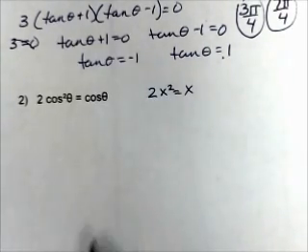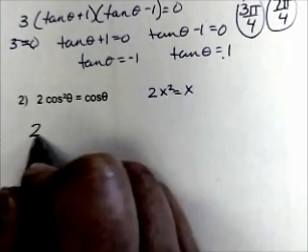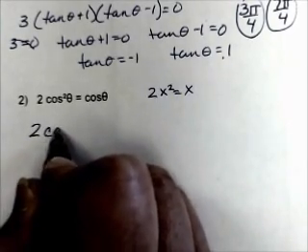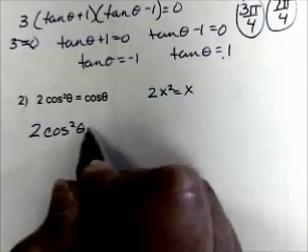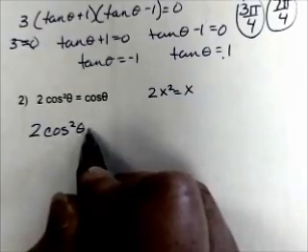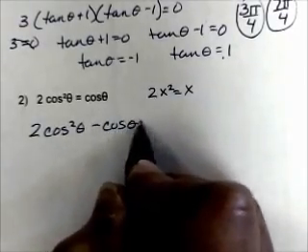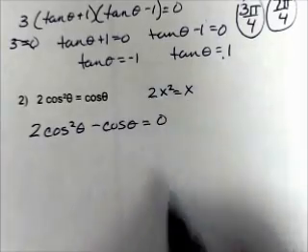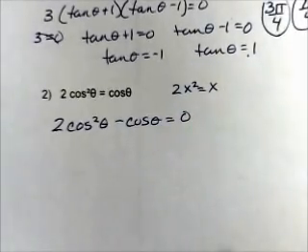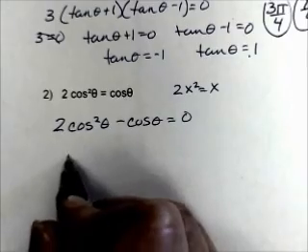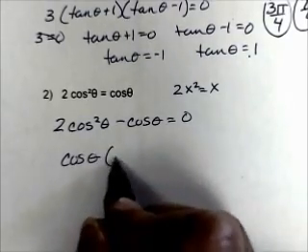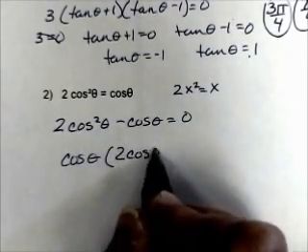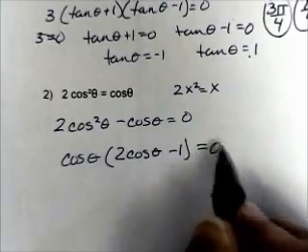Same thing here. Subtract cosine theta from both sides, and we have 2 cosine squared theta minus cosine theta equals 0. Now factor. There's a GCF, cosine theta, times 2 cosine theta minus 1 equals 0.